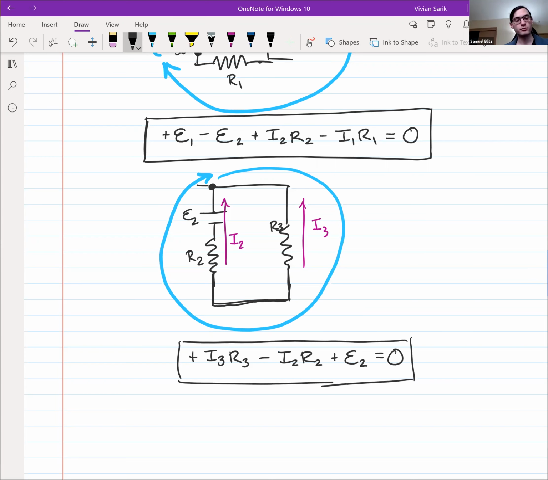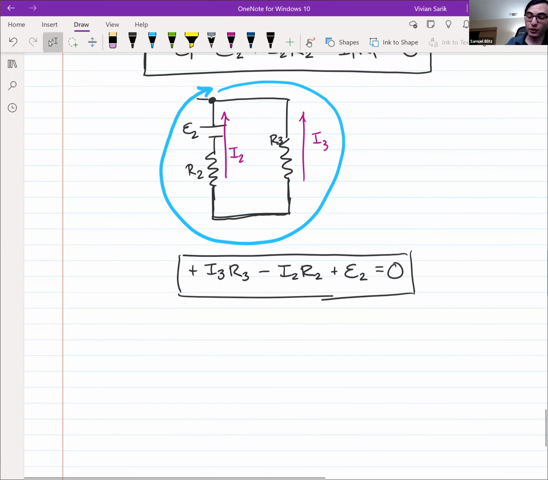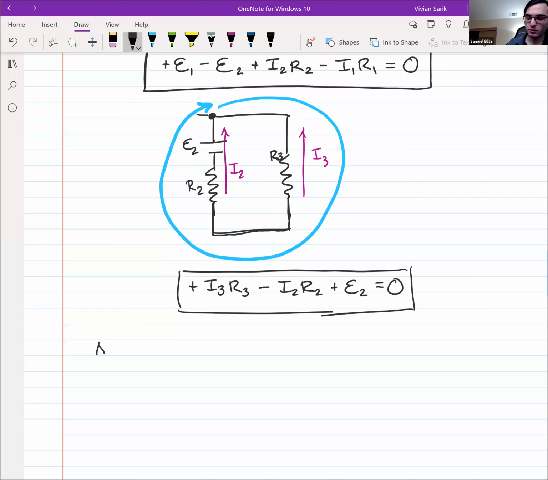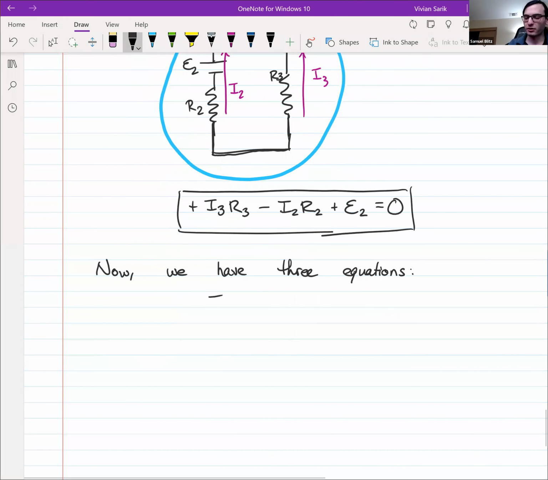So now, oh, we're going to finish early today. So now we have 3 equations. The 3 equations that we have are I1 plus I2 plus I3 equals 0. That was our junction rule equation.